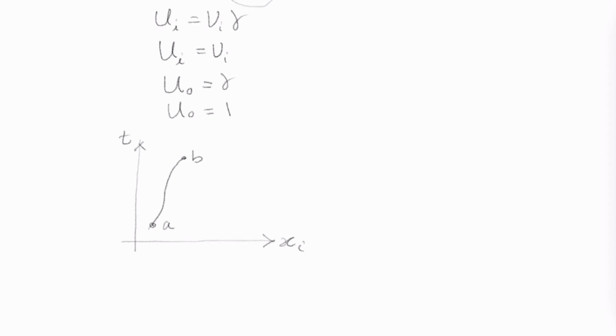Why is it? Well, it is because this is analogous to the shortest distance between 2 points in space. So if this is A and B in space, this is your x1 coordinate, this is y1 coordinate. The distance between A and B is the distance between A and B, regardless of the coordinate system you use to calculate.